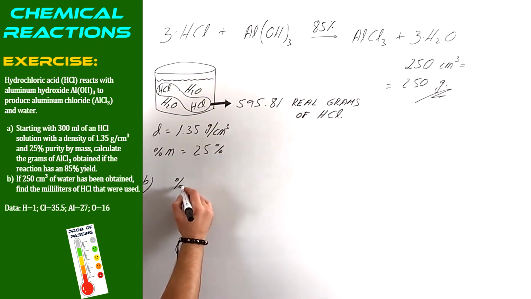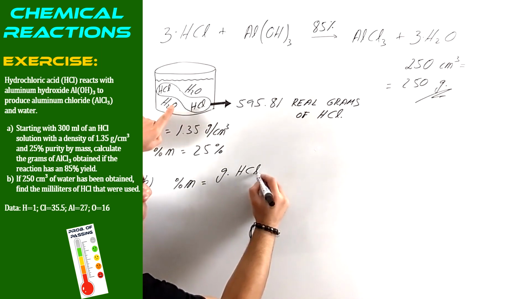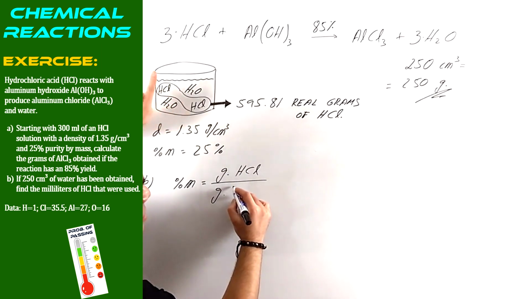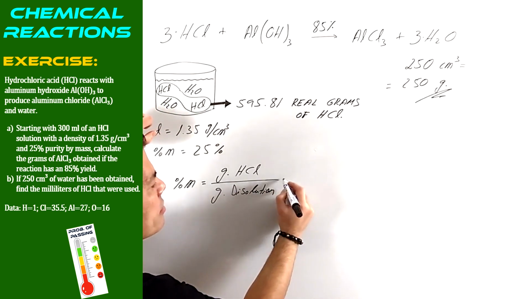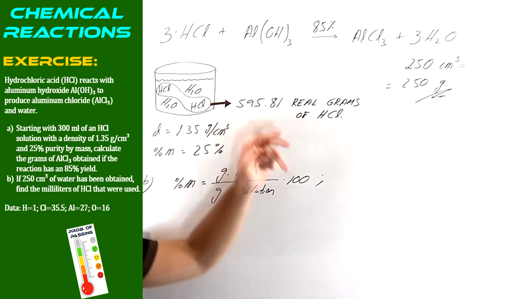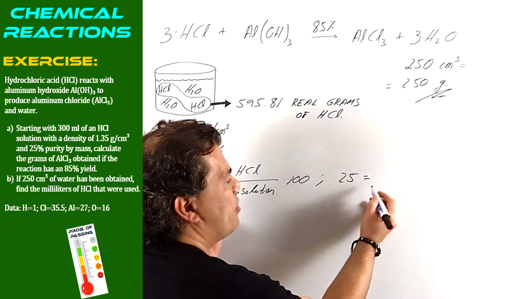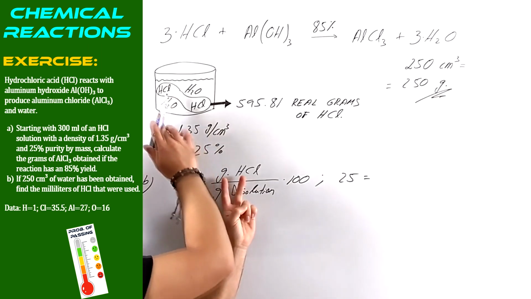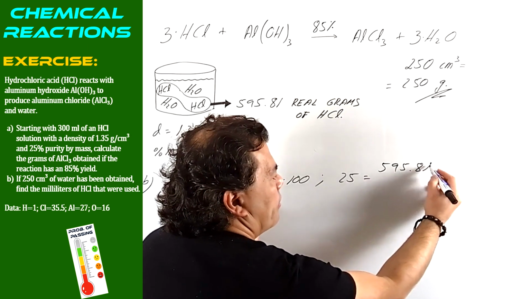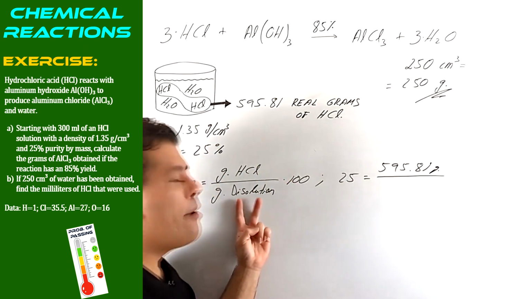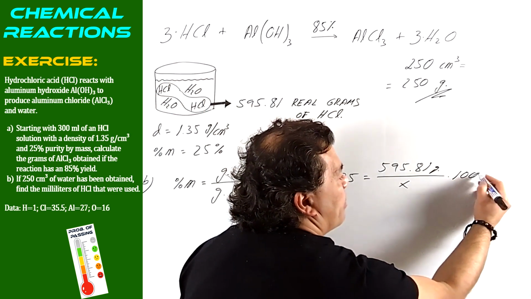As you know, purity mass equals grams of hydrochloric acid divided by grams of this solution, also multiplied by 100. And we are doing 25 must be equal to grams of hydrochloric acid, that is 595.81, divided by mass of this solution, also multiplied by 100.